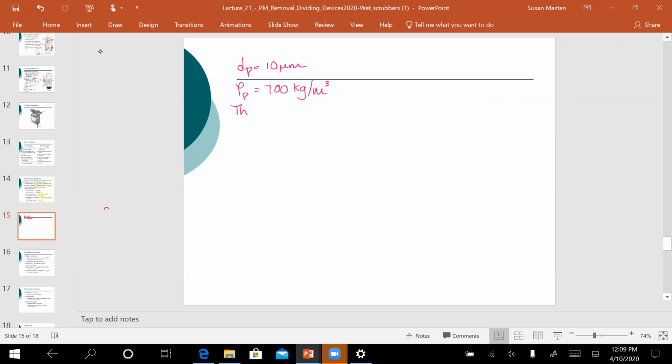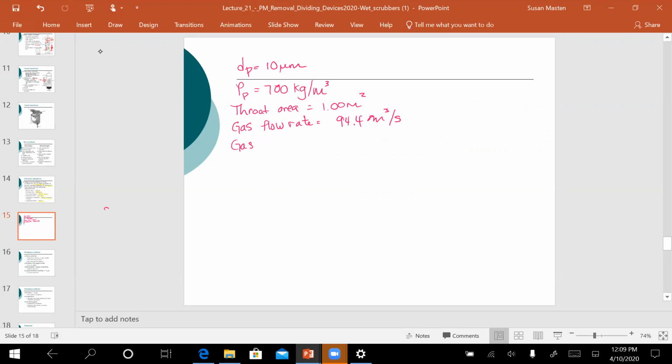We have a throat area of 1 meter squared. We have a gas flow rate of 94.4 meters cubed per second.